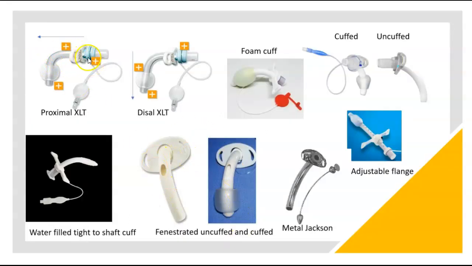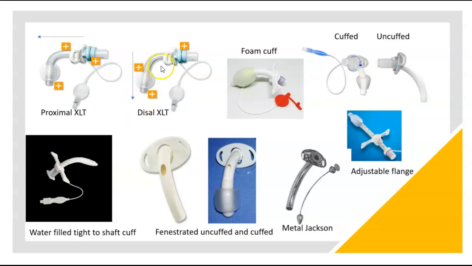This is your proximal extra long, meaning the distance from where it enters into the trachea to where the curve happens is very long. Somebody with a really thick neck might need a proximal extra long trach. Somebody who's extremely tall or has a high tracheomalacia might need an extra long distal length.